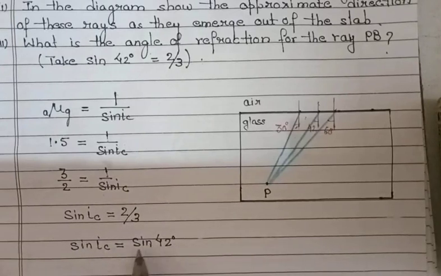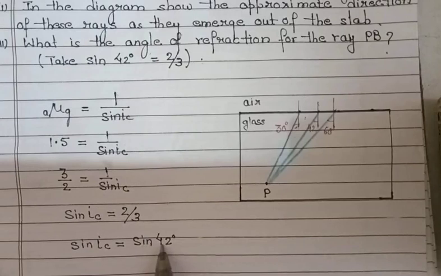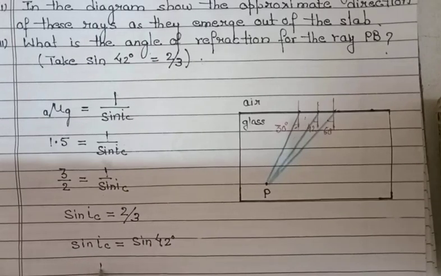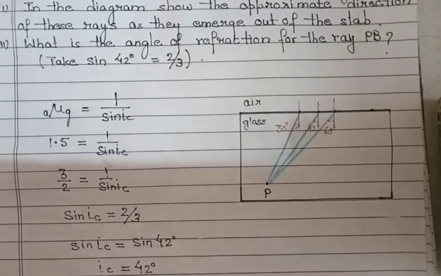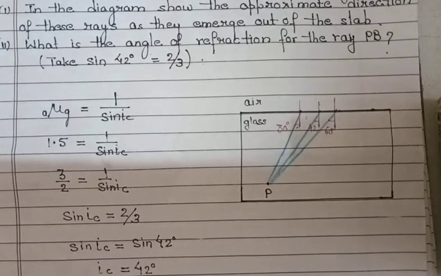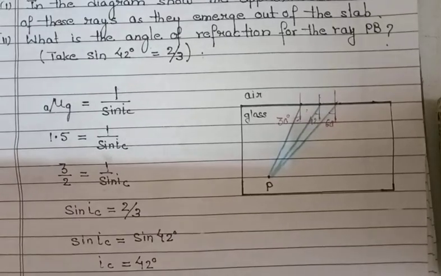Now if I compare these two, I am getting critical angle is equal to 42 degree. So critical angle was not given in this question, and our first step is to find the critical angle.